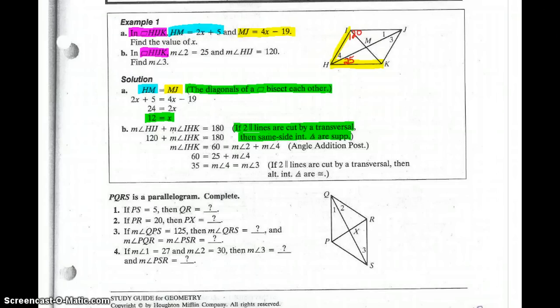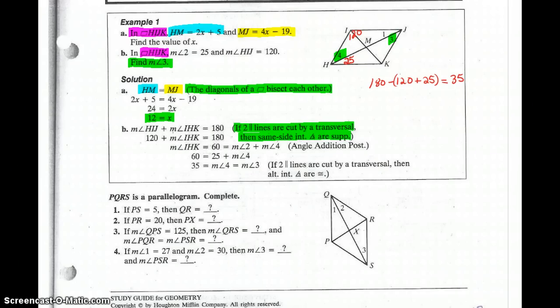Now, the process in which this problem has been laid out for you is a little bit more difficult, so I say let's simplify it. Problem B wants me to find the measure of angle 3. The measure of the angle that I can find at the moment is angle 4. All I simply need to do is subtract 120 plus the measure of angle 2, which is 25, from 180, and I get 35.